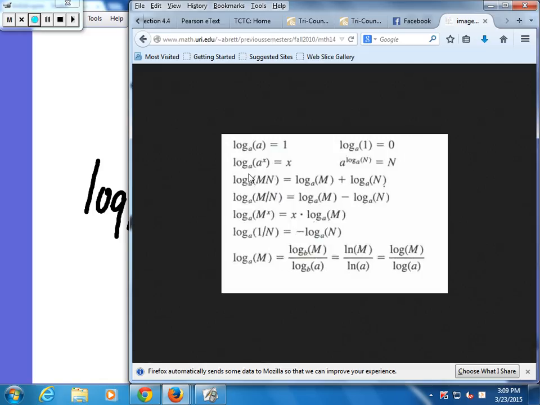There we go. That's the one I'm looking for. Look what happens when you do log base A of A. What do you get? Well, you get 1.